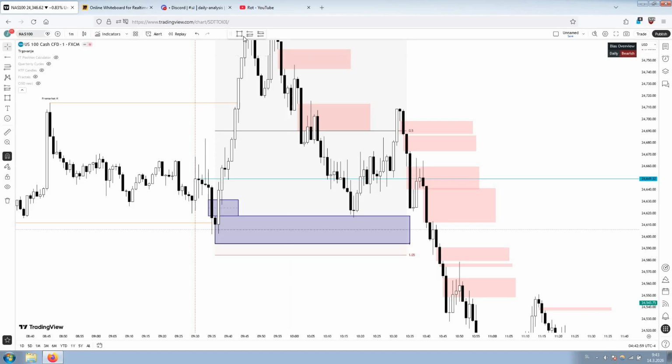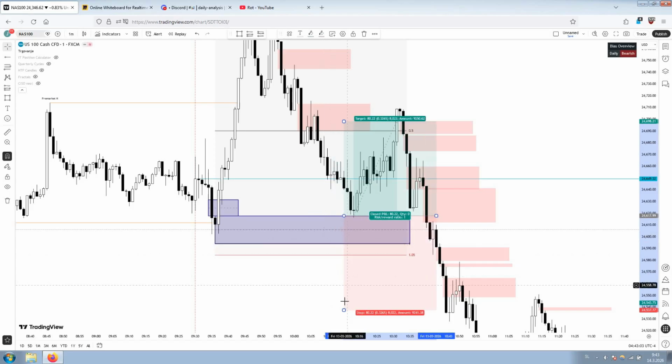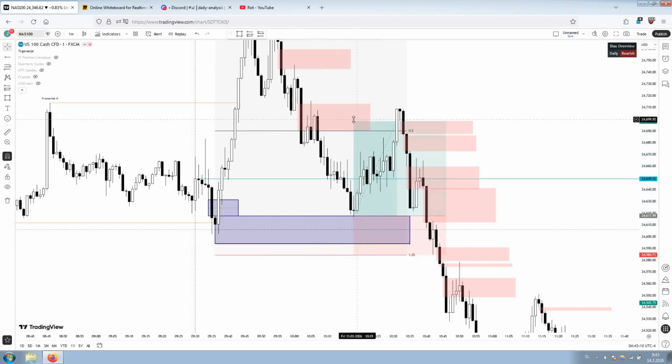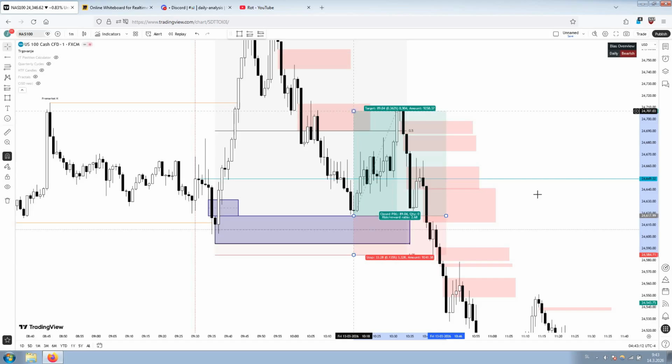So what could you do again? You could put your order, for example, here in that order block. You would get filled, okay? You put your stop loss below 0.5 on equilibrium, and you would have a nice 2.6 trade, for example, okay? Or even 2.5 maybe, would you get it? Yes, you would.